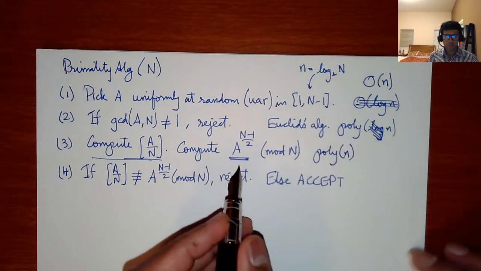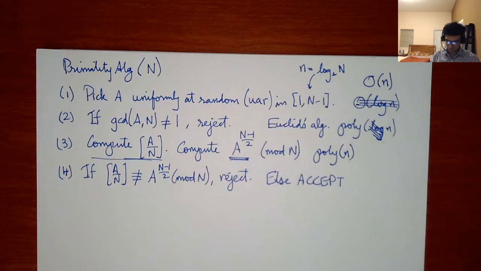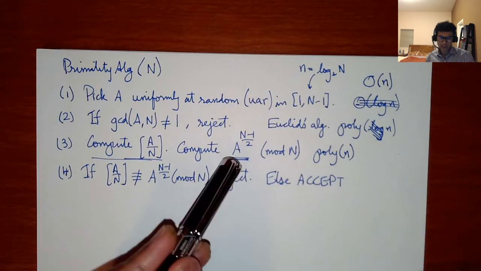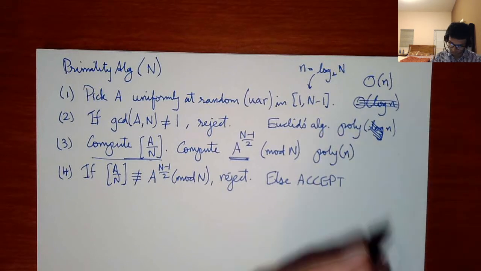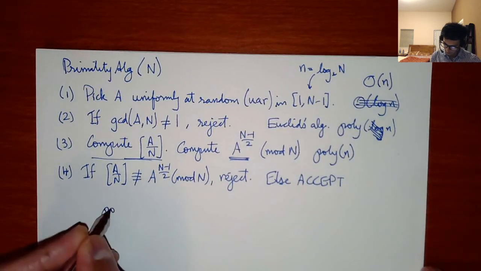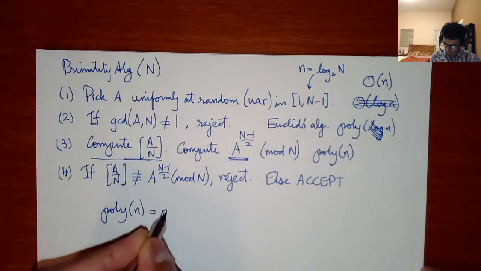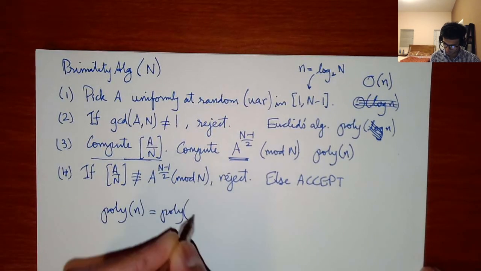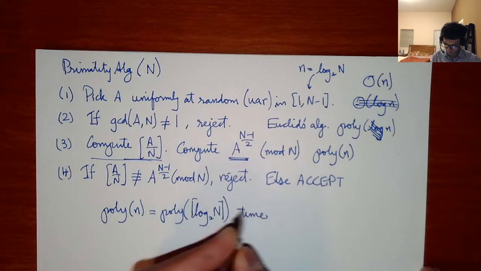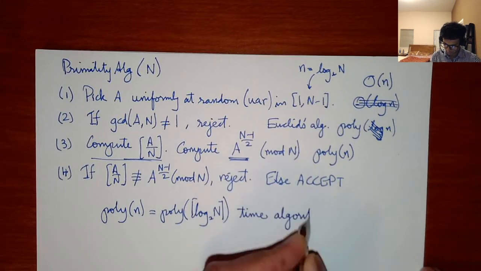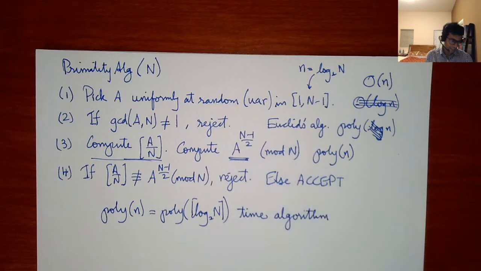The computation of this one has to be a little careful, but it can be done. Remember that even though A to the (n minus 1) divided by 2 may be a huge number, it's all done modulo capital N. So you can keep reducing it modulo capital N, and therefore your numbers won't be large. They'll be efficiently representable. And so this gives a polynomial in log n time algorithm. Now, what are the guarantees of this algorithm?